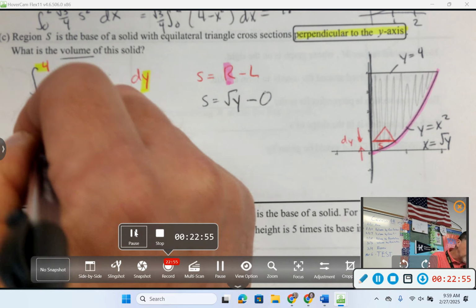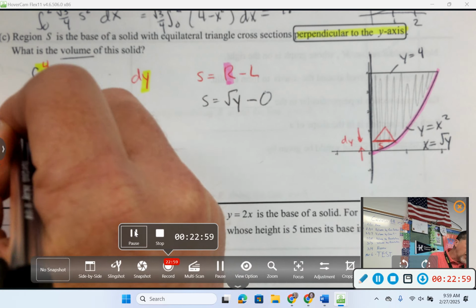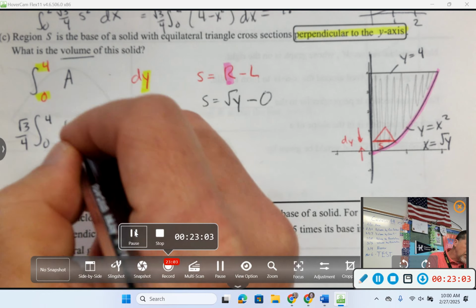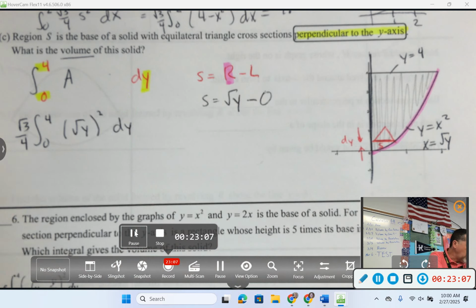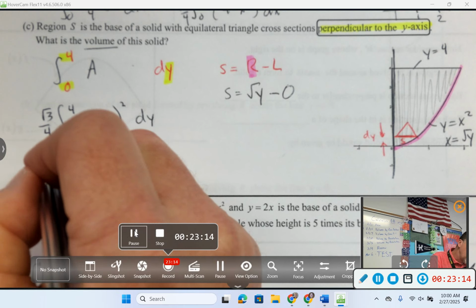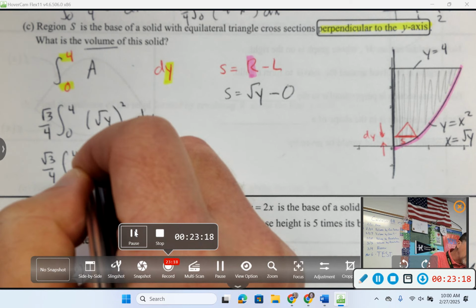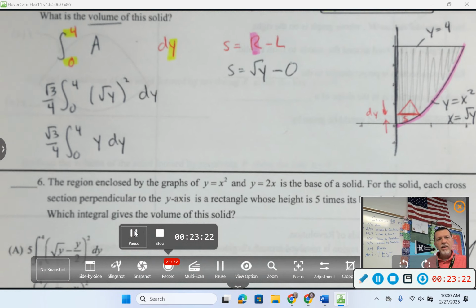So 0 to 4 because we're doing it in y. These are still equilateral triangles, so root 3 over 4 s squared would be square root of y squared dy. I guess just for practice, I'm going to do this one by hand, because why not? Right?